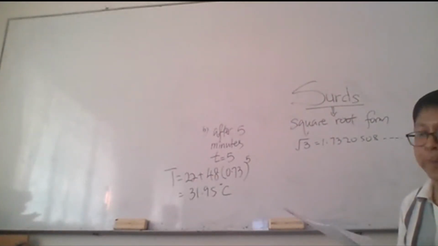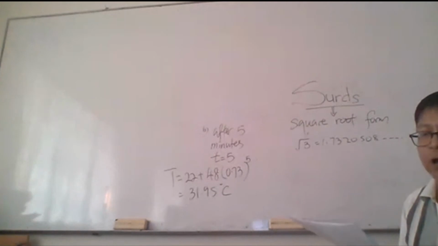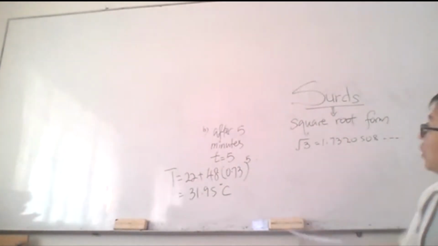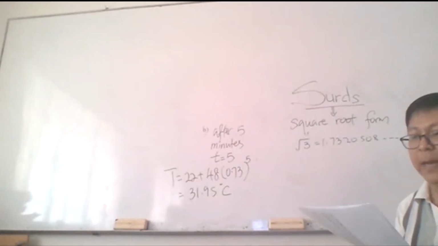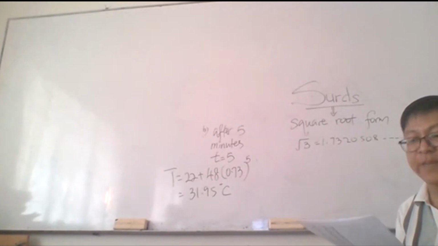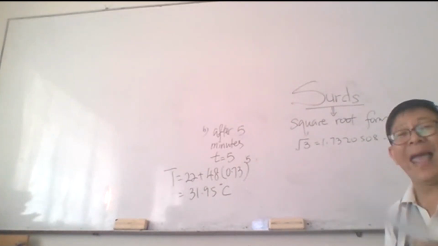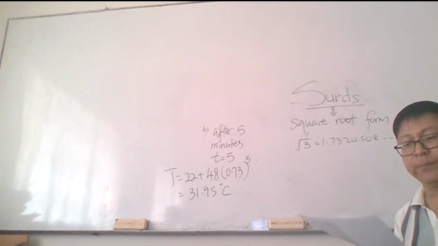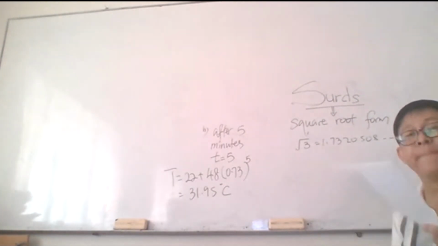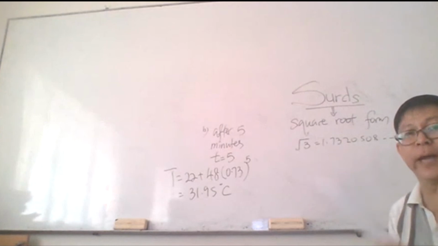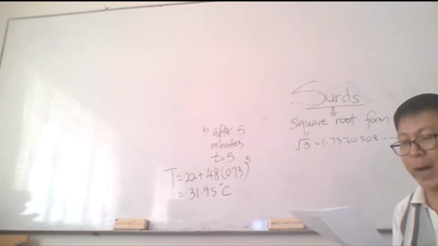In the notes, point 2: like algebraic expressions, surds can be manipulated and simplified. We can manipulate them, meaning we can add or subtract, we can also multiply, simplify and divide.